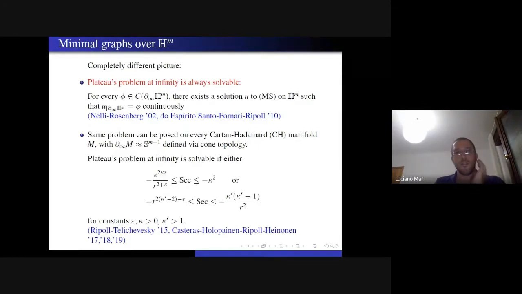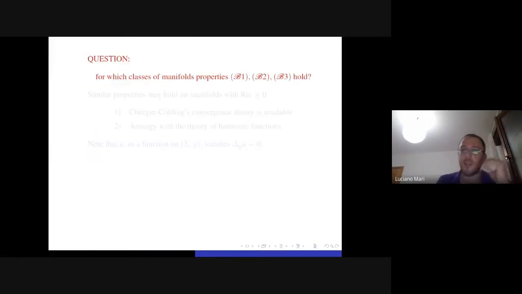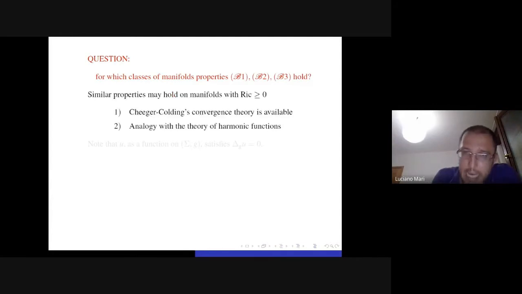Okay? So negative curvature basically gives no hope to have results of the type Bernstein 1, Bernstein 2, and Bernstein 3. So the question is, for which classes of manifolds may properties analogous to these three hold? And an interesting class of manifolds to investigate is that of manifolds with non-negative Ricci curvature.